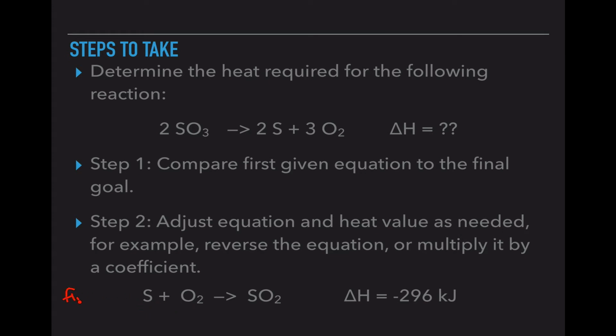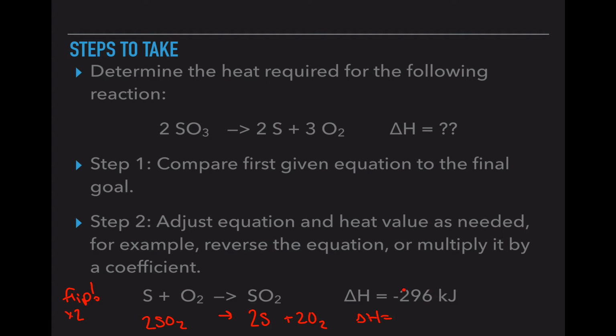So here, I'm going to flip these. In addition to flipping these, notice I only have one S here, but I have 2 up here. So I'm going to flip them and multiply them by 2. So with my arrow, I'm going to have 2 SO2 on the left, 2 S, and 2 O2s on the right. So my delta H is going to be reversed.